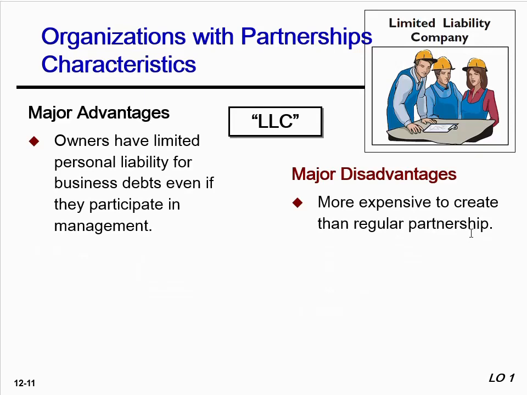The third category is known as limited liability company, LLC. A limited liability company is also known as a hybrid form of business organization. Why is it hybrid? Hybrid means something which contains the characteristics of multiple things. So a limited liability company contains the characteristics of a partnership plus a company.